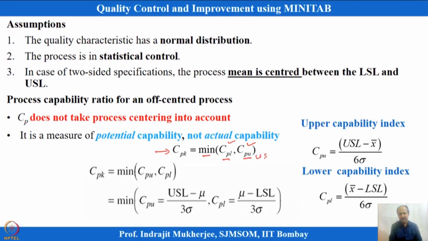This is for USL, how far x bar is from the USL, and how far x bar is from the other limit. If the difference between these two comes down, the index also comes down. Whichever way you move, it will penalize the CP values. The minimum of these values is taken to ensure that we improve the worse one.